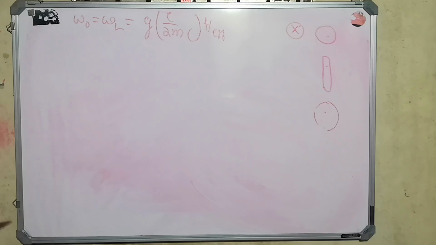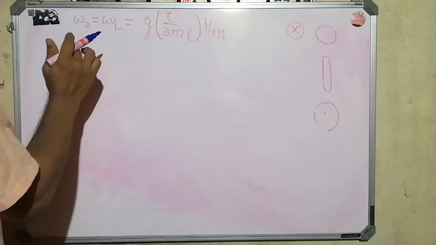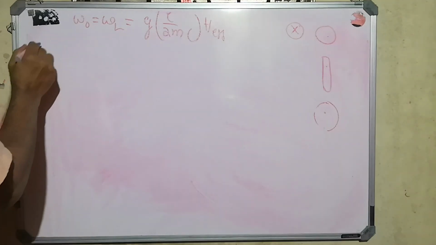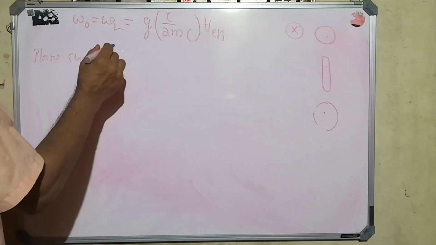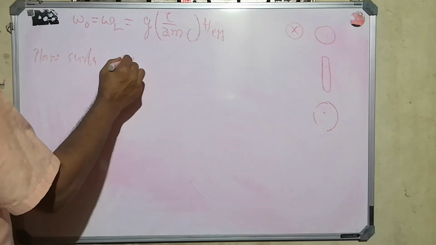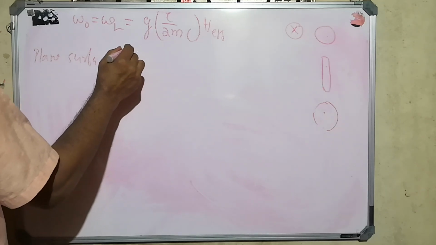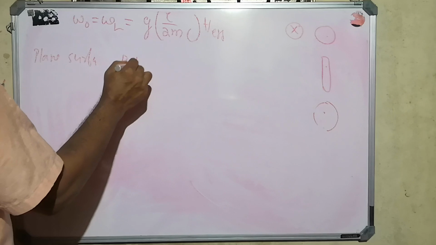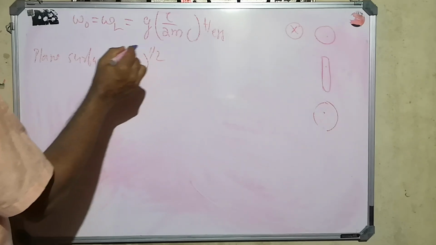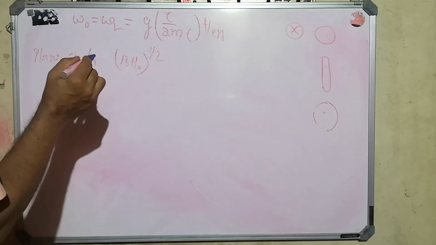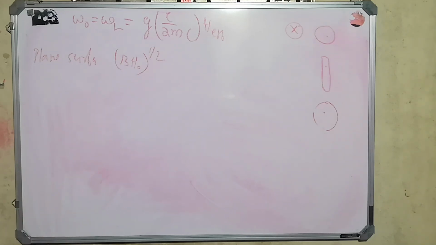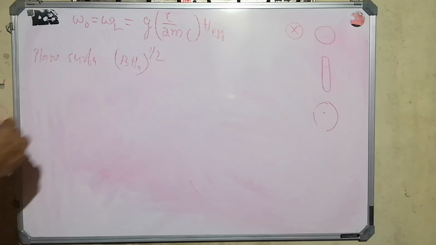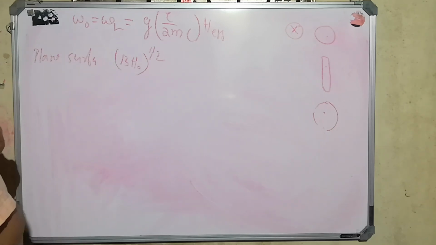Now when you consider a plane surface, then the effective field is B into H naught to the power half. Here B is the strength of the applied field, and H naught is the effective field.